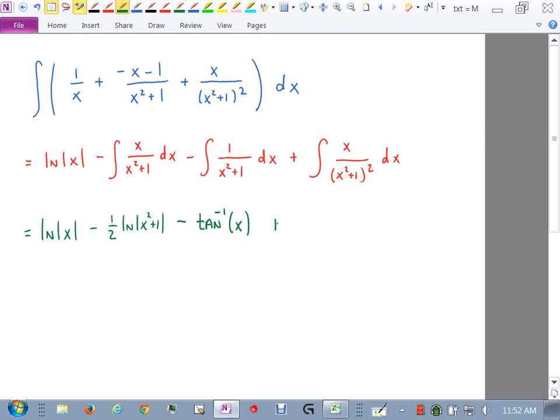And then this last one, when you do your u sub here, your integral should come out to be 1/2 integral 1 over u squared du. And so that's the same as 1/2 integral u to the negative 2 du. The antiderivative of that is what? Negative 1. Careful, we're adding 1, right? Power rule, you add 1 to negative 2.